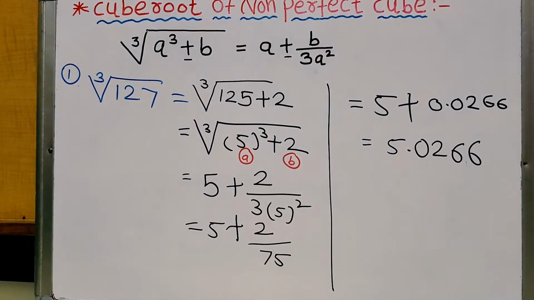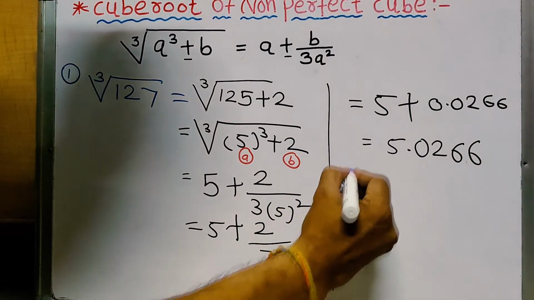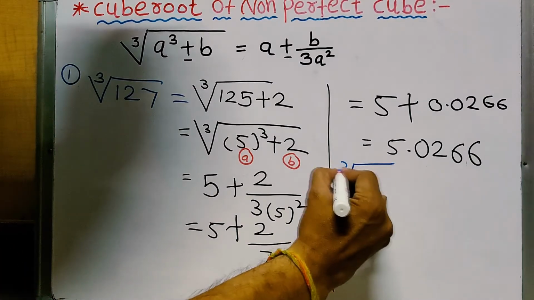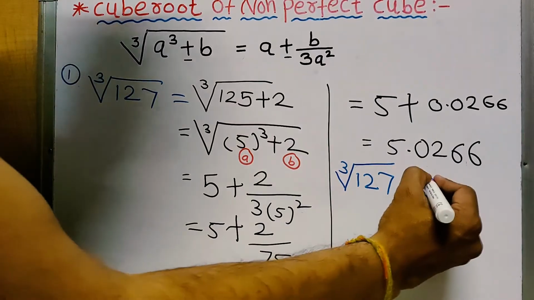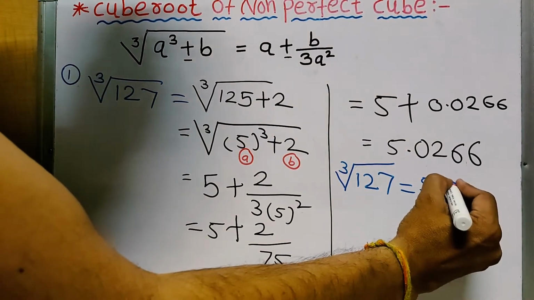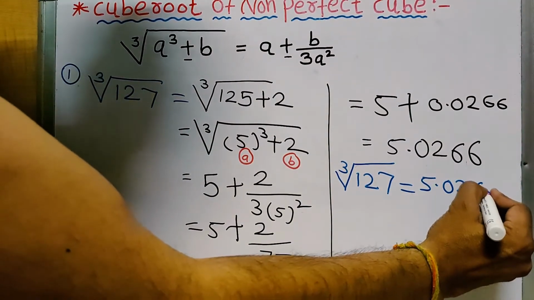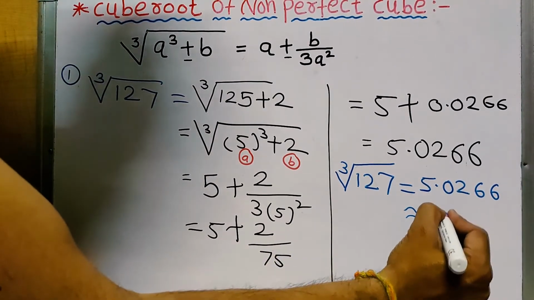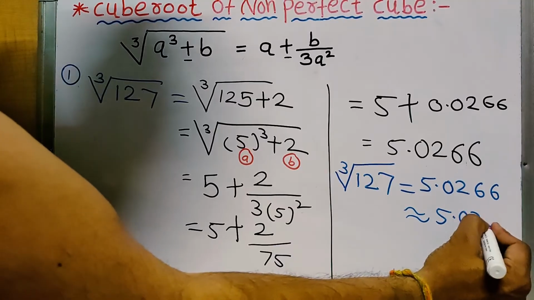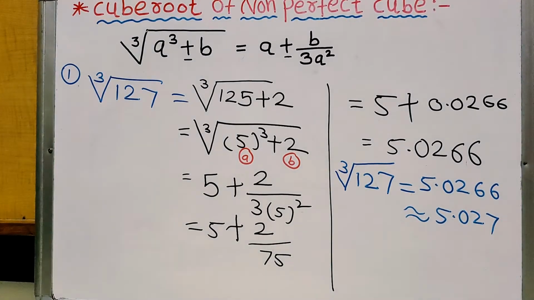So the cube root of 127 is equal to 5.0266, which is nearly equal to 5.027.